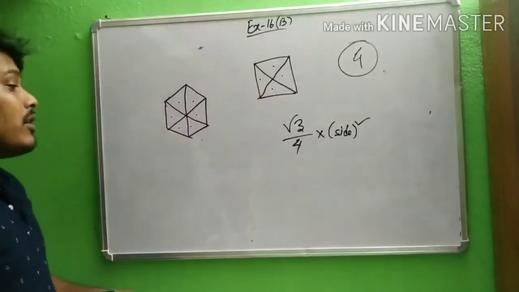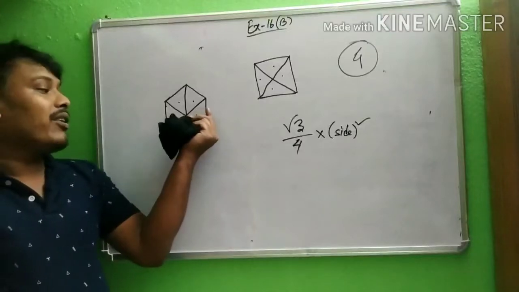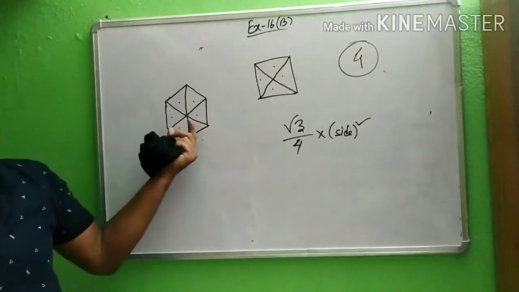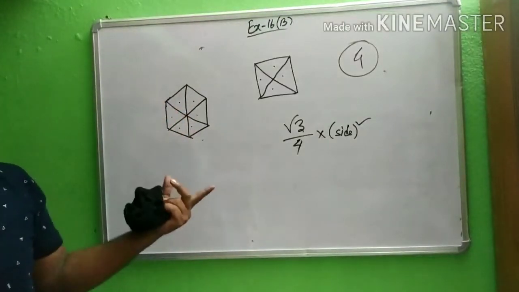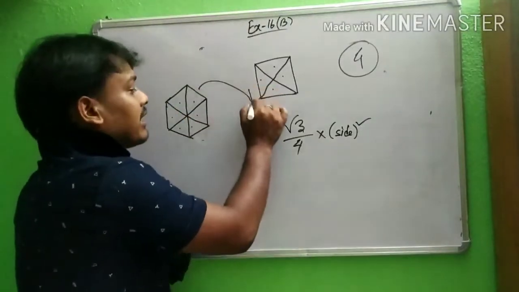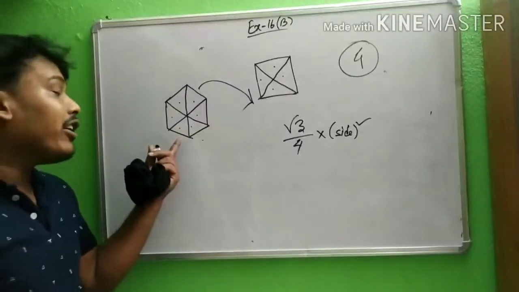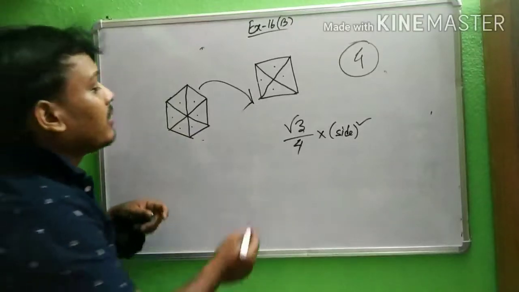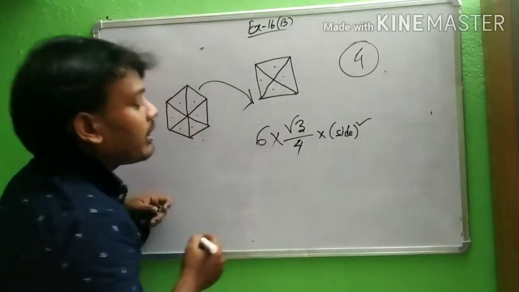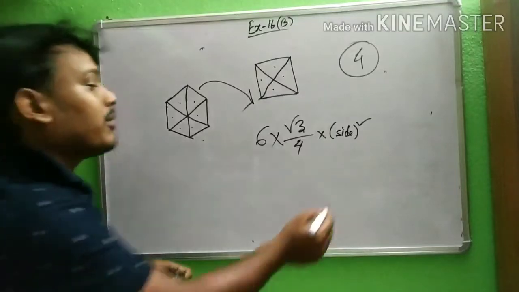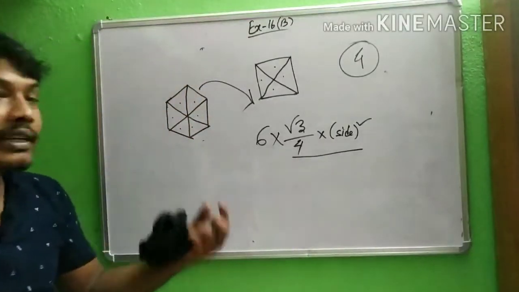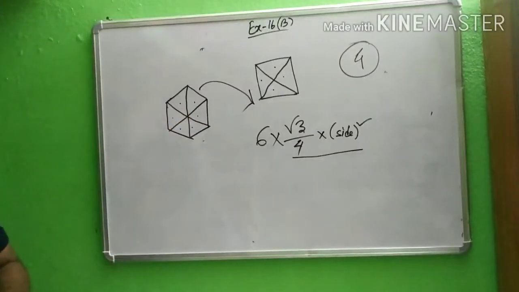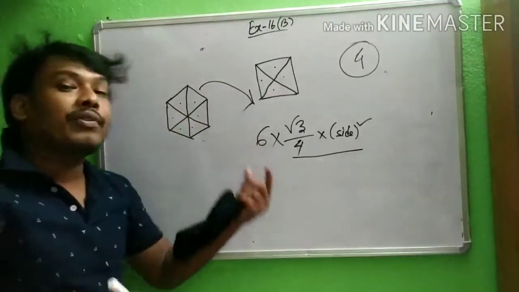So the area of one triangle is root 3 by 4 side square, and all triangles are of equal measure, and here there are 6 triangles. So the area of a regular hexagon is 6 into root 3 by 4 into side square, because this is the area of one triangle and a regular hexagon has 6 triangles of equal measure.